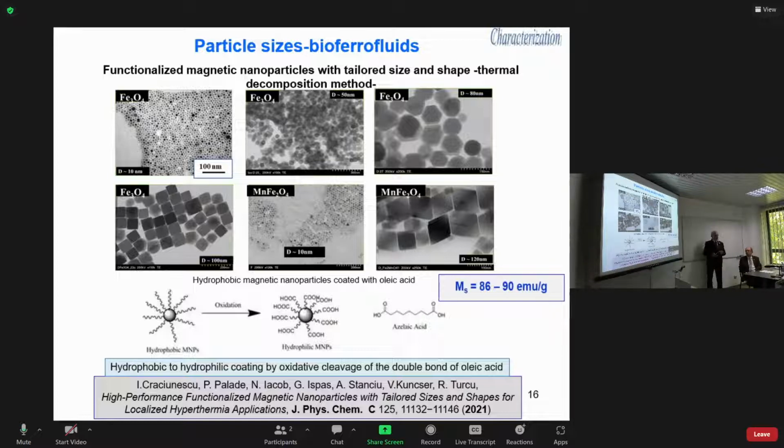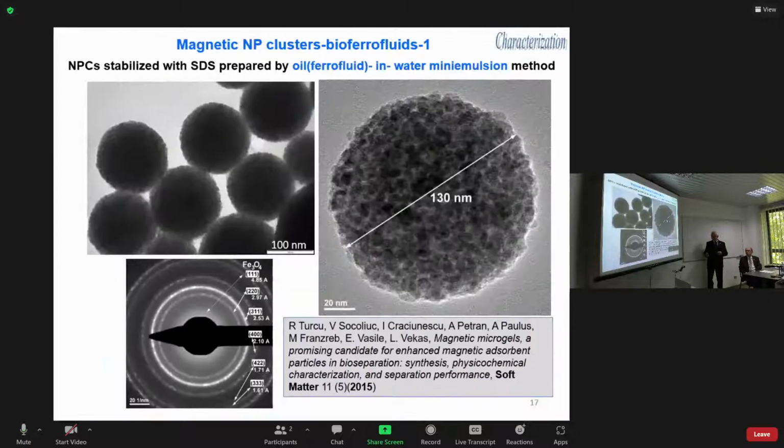So this is already what we are doing now, and it looks to future development. Also, you can see the different sizes, depending on the application we foresee for this type of particles.